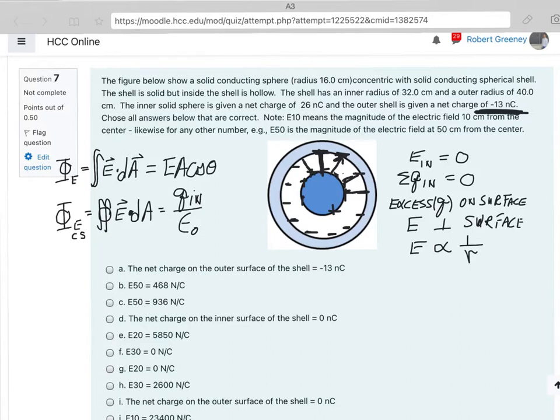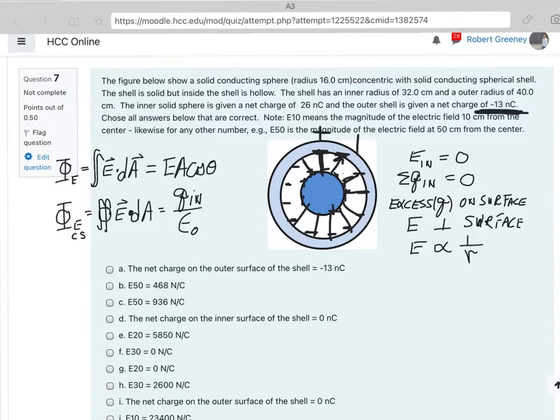We have to get 13 from the conductor itself, right? We take the excess 13, then we need 13 more. Why? Because all of these lines have to terminate. Why? Because the field can't go through the shell. So, without making it too complicated, that means we had to borrow 13 negative charges.